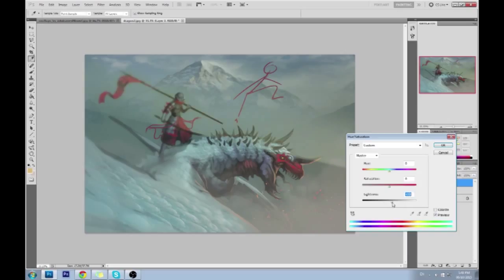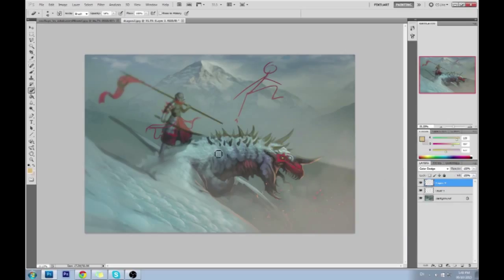Maybe you can use something more cool instead of a warm light. And then flatten. And then because the dragon is the center of the spiral, he has to have a little bit more contrast to him.